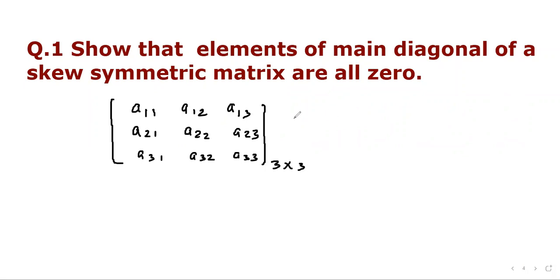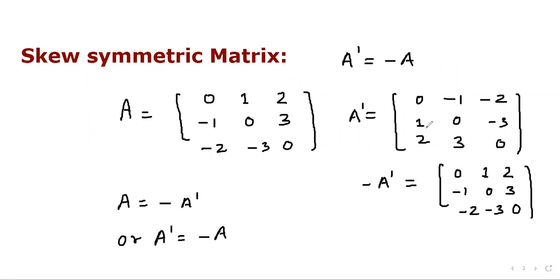In a general way, we write the elements. Here, in the previous case, we observed that this is A12 and this is A21, so they are negative of each other. Similarly, this is A13 and this is A31. They are negative of each other.